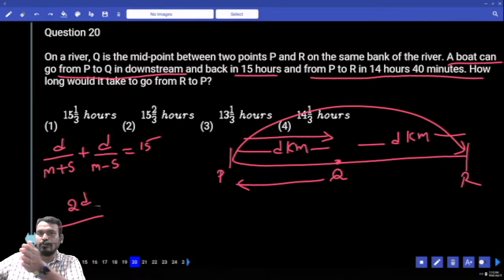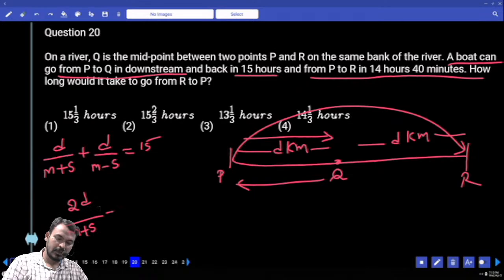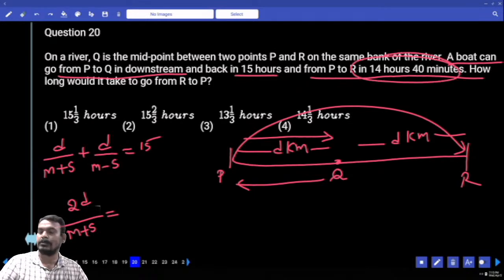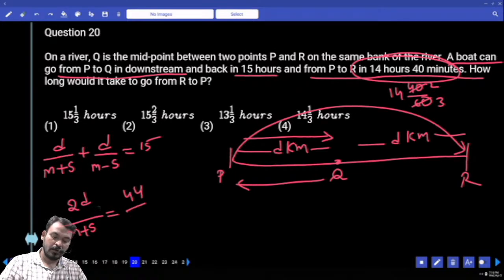P to Q and Q to R, total 2D kilometers with a speed of m plus s. That is equal to 14 hours 40 minutes. 40 minutes means we write 40 by 60, or not? 40 by 60 is 2 by 3, or not? Total it is 44 by 3, or not? 44 by 3.